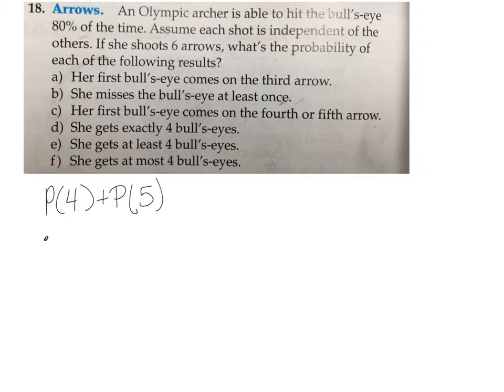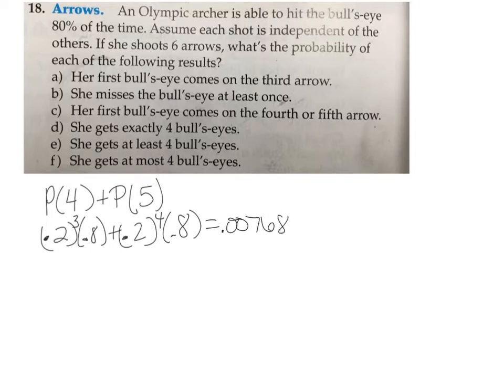So I have to do 0.2 to the 3 times 0.8 plus 0.2 to the 4 times 0.8. And when I plug that into the calculator, I get 0.00768. And that's C.